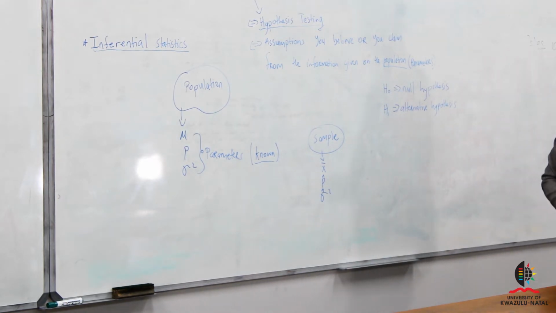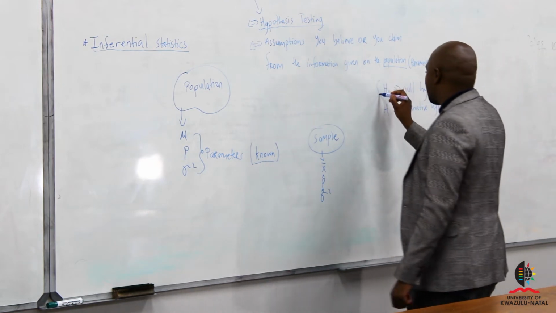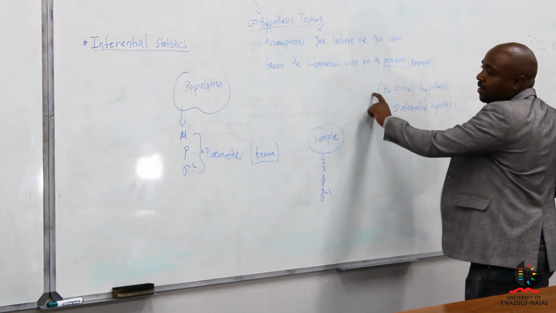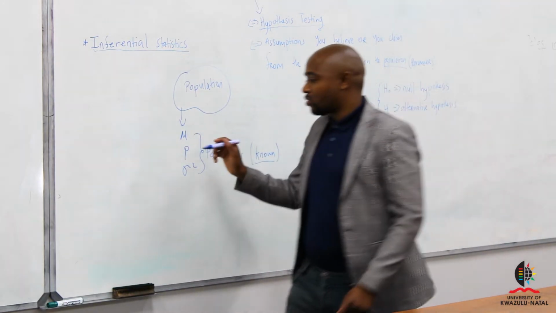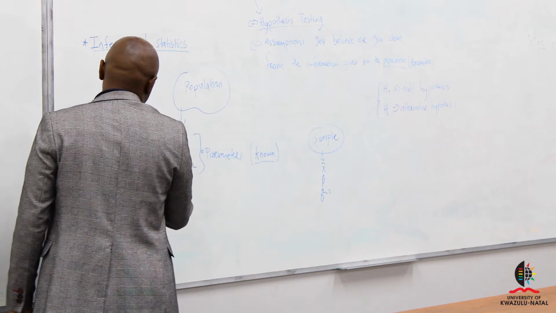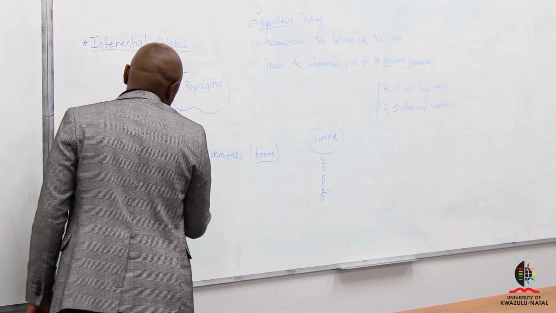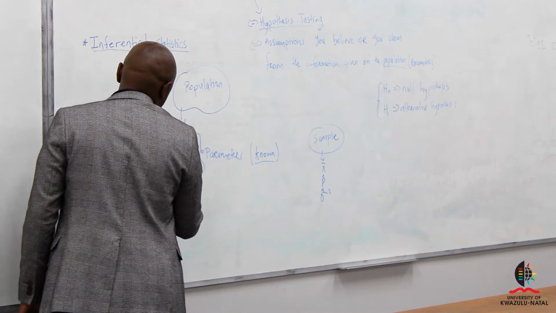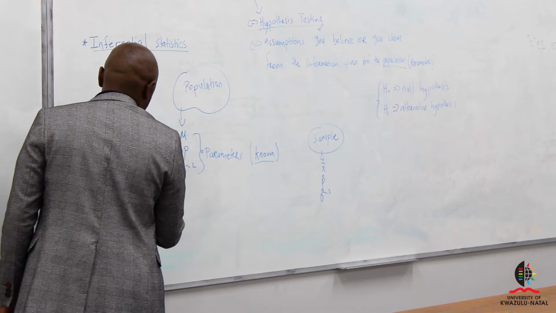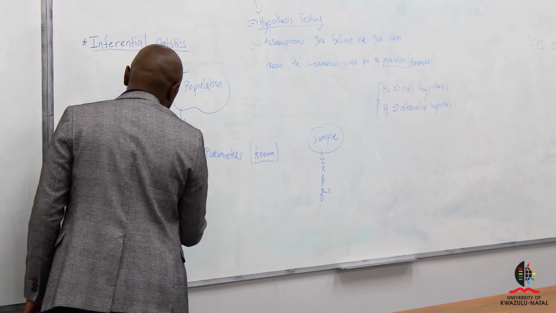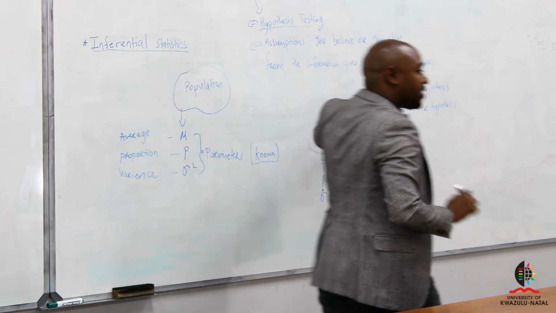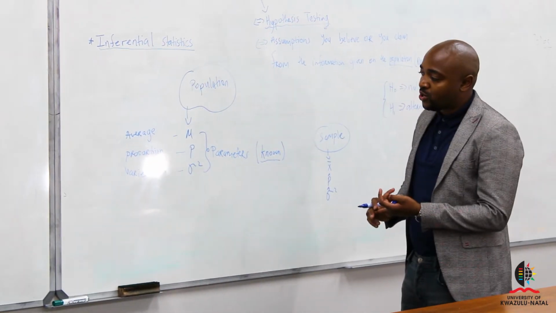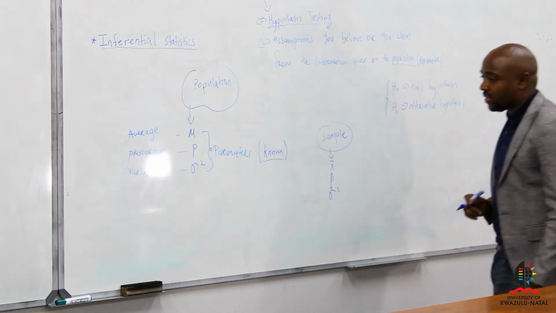Your hypothesis testing can be of your average, your proportion, or your variance. So your hypothesis testing can be between these three parameters.